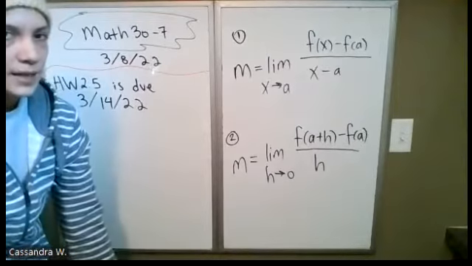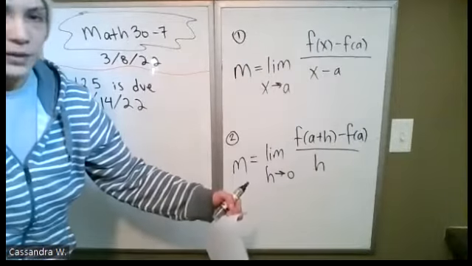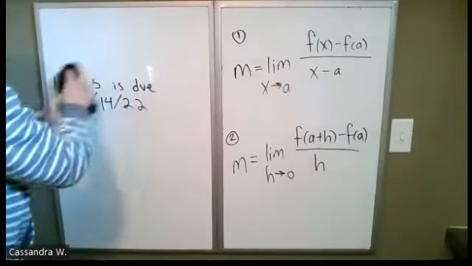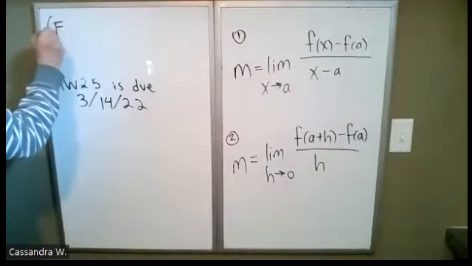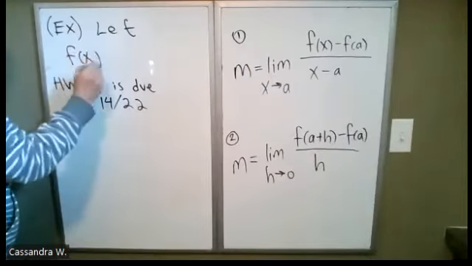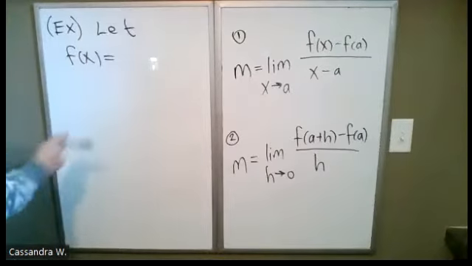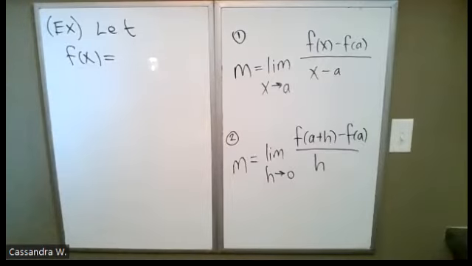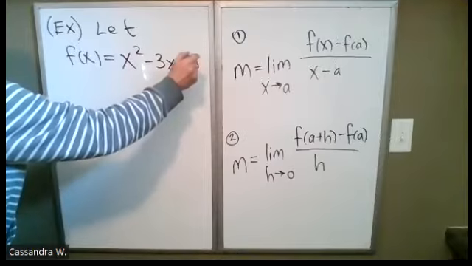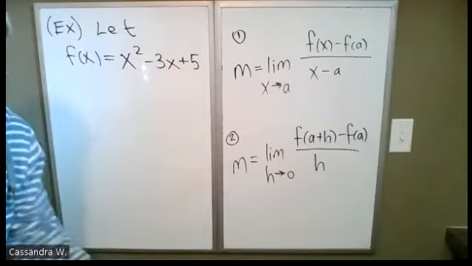Okay, we're going to let f of x be x squared minus 3x plus 5. Find the slope of the tangent line at (2, 3).